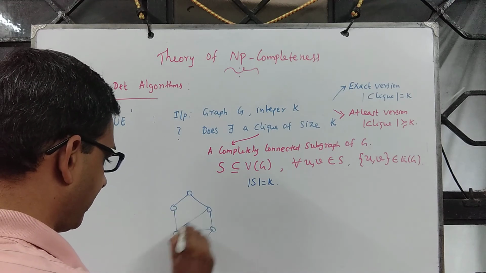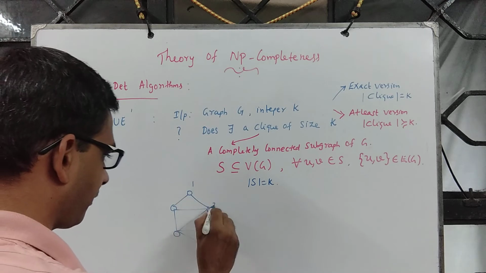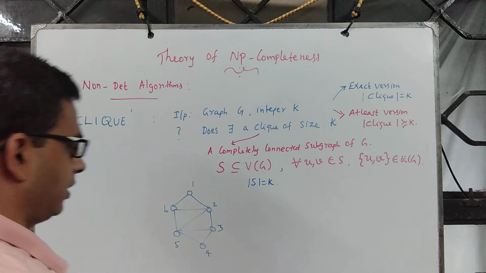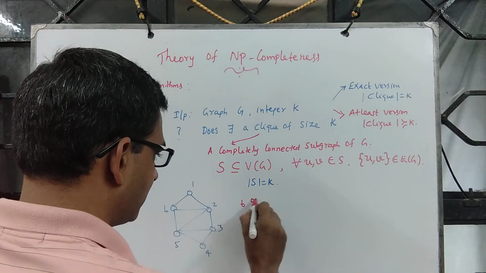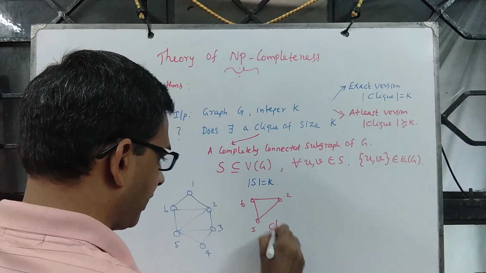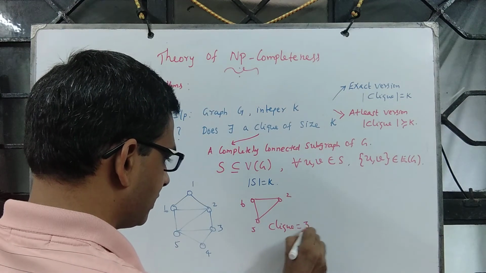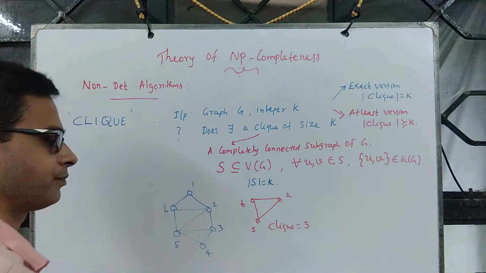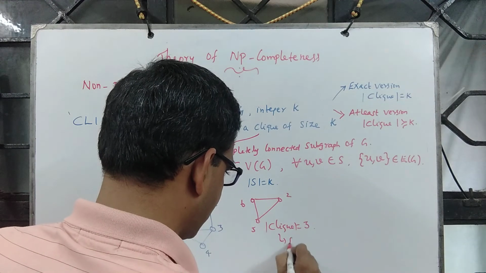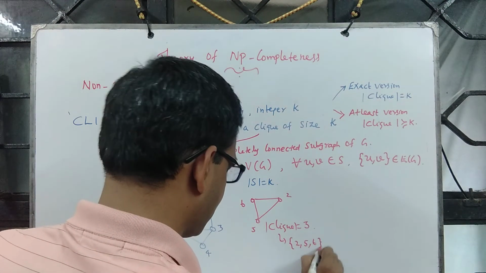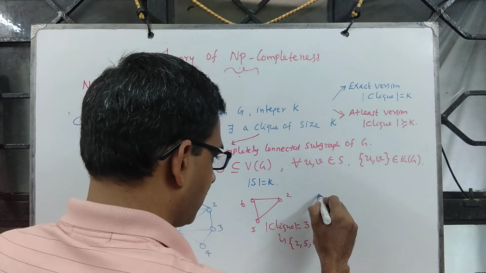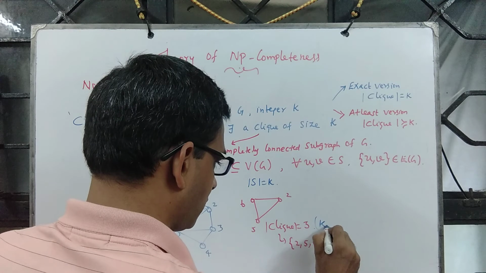Suppose you have a graph like this. Now you see that 6, 2 and 5 form a clique of size 3. This clique represents the set {2, 5, 6}, and it is also known as K3.